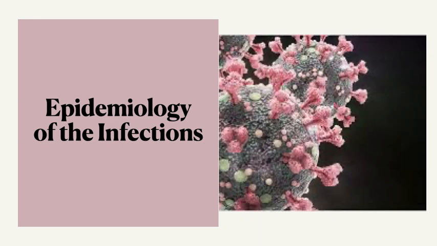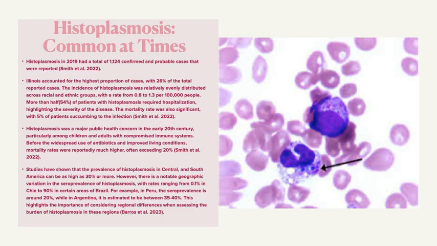Epidemiology of the infections. Histoplasmosis in 2019 had a total of 1,124 confirmed and probable cases reported. Illinois accounted for the highest proportion of cases with 26% of the total reported cases.